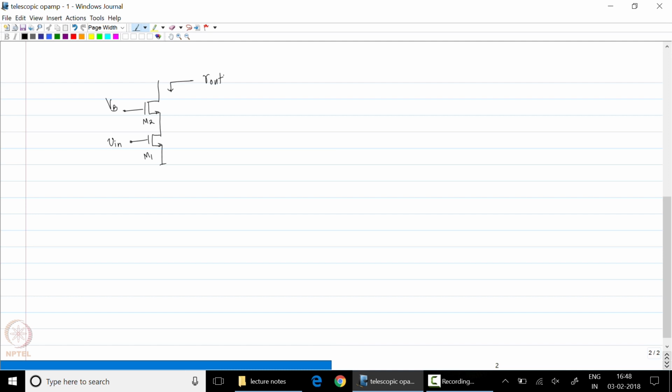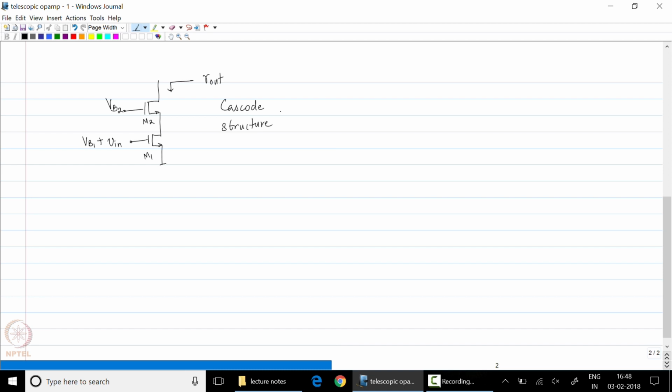So again, let us quickly review this. Let us say at the gate of M1, I have VB1 plus Vin, and at the gate of M2, I only have VB2. I want to analyze this structure to find out the output resistance. So let us draw the small signal equivalent circuit. This particular structure is called the Cascode structure.